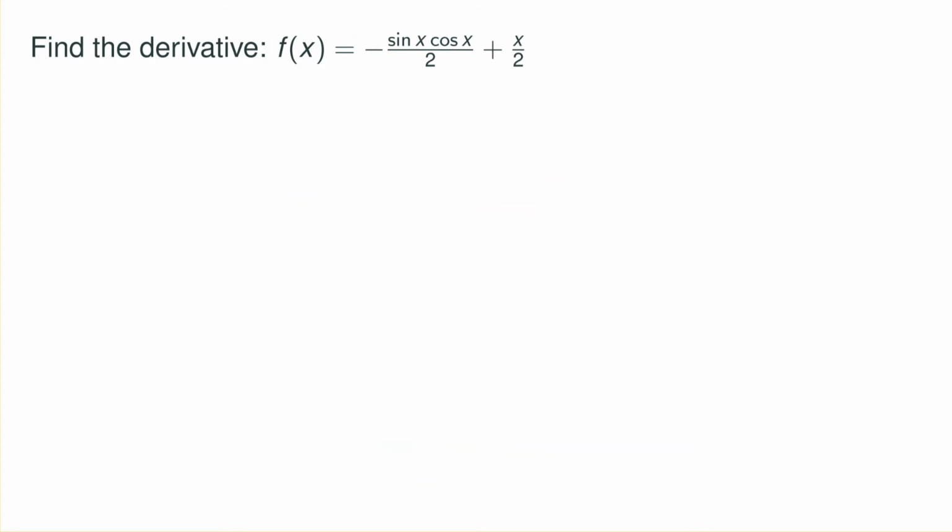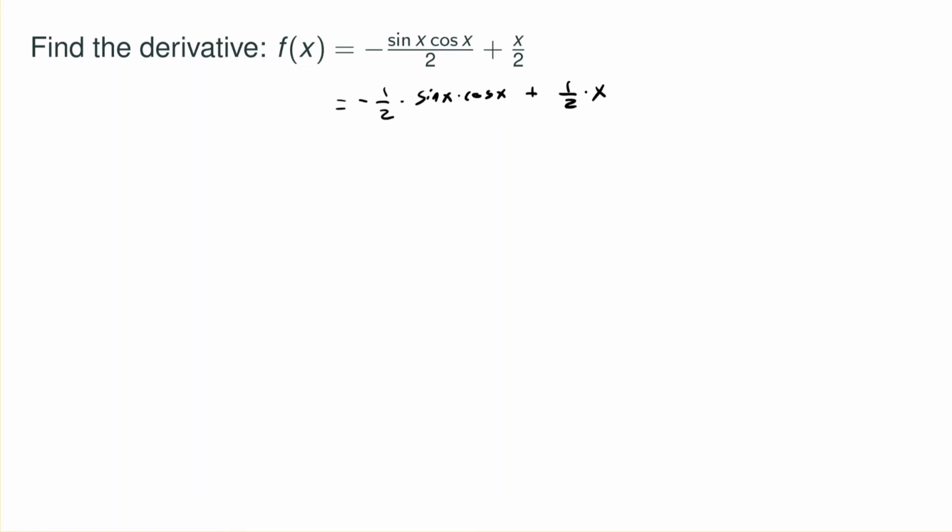Find the derivative of negative sine x times cosine x over 2 plus x over 2. So here, this one, we can think of this as actually negative half times sine x times cosine x plus 1 over 2 times x. Those are equivalent.